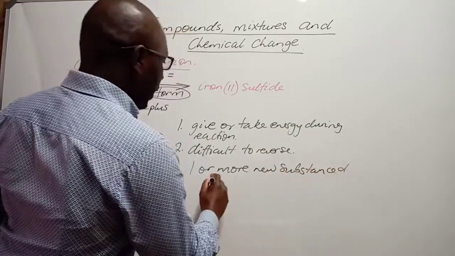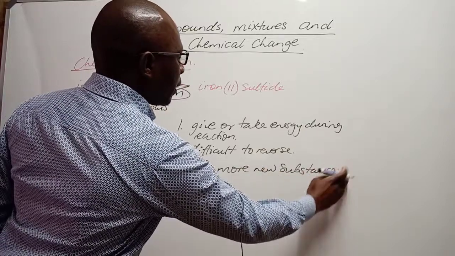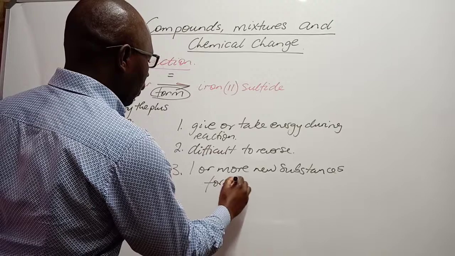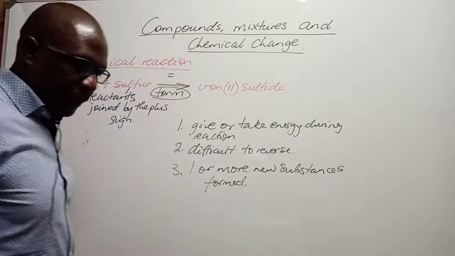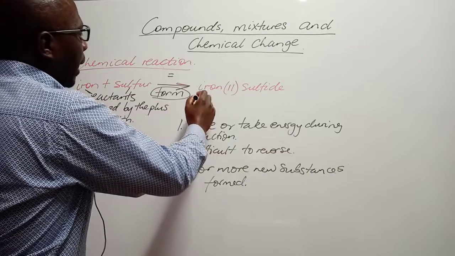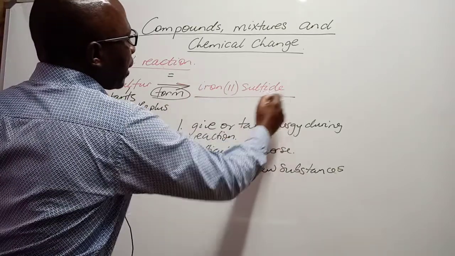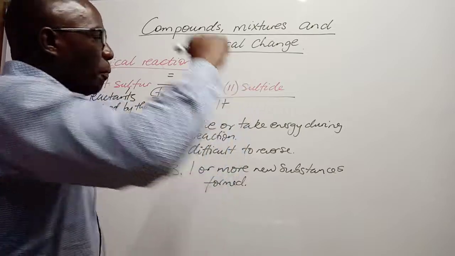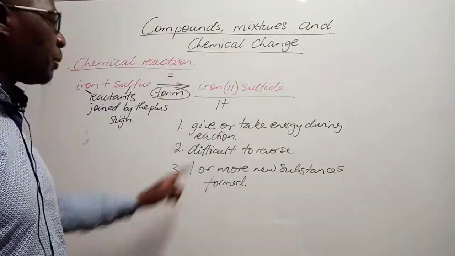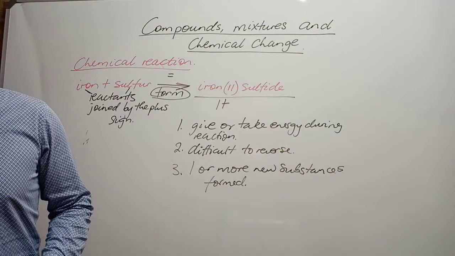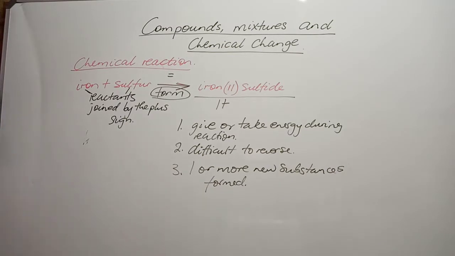What we mean by the formation of new substances, we actually mean that when these two reactants react, the result here of what is formed could be one or more substances formed, right?